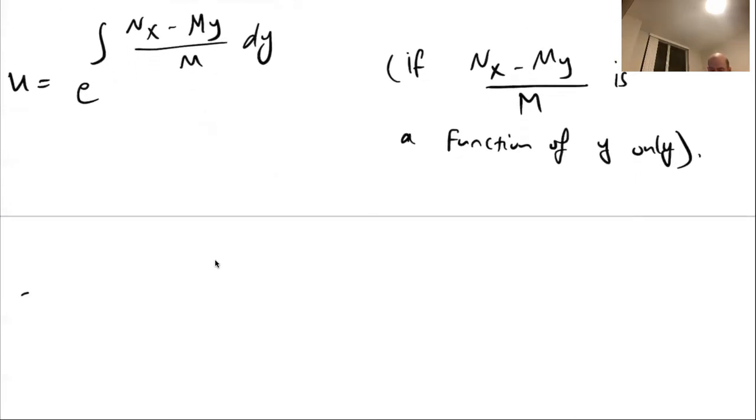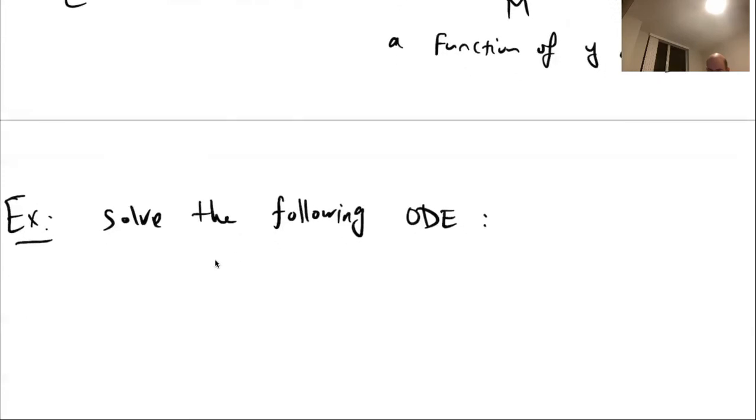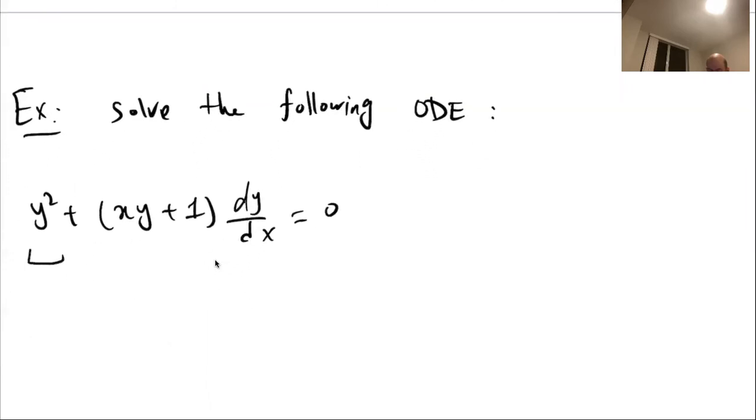Solve the following ODE: y squared plus (xy plus 1) dy/dx equals 0. So right now this is my m and this is my n.